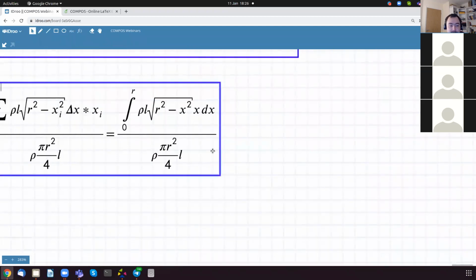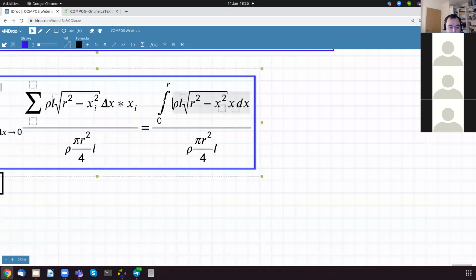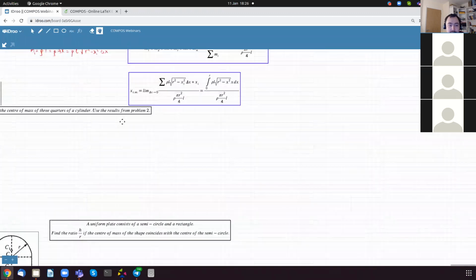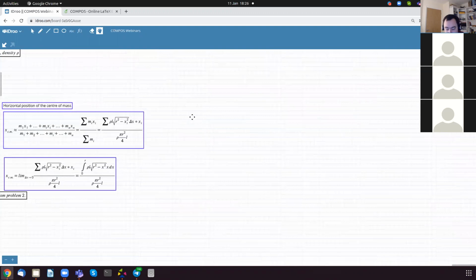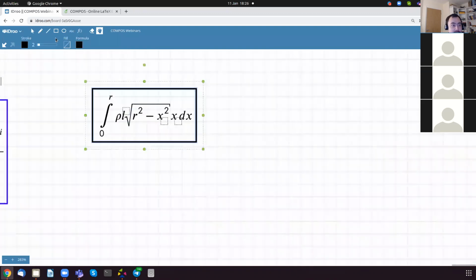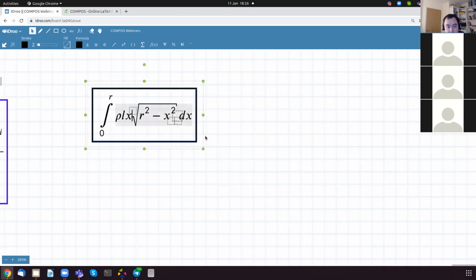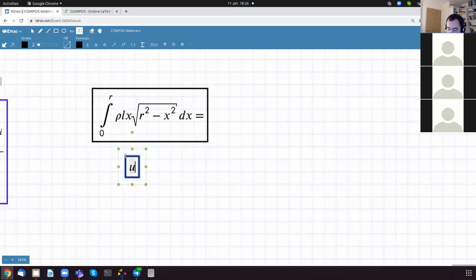Okay. Now, let's look at the integral separately and then substitute it in. Here. So what do we see? Well, first of all, I'm going to take the x and put it here at the start. And then I'm going to use a substitution: u is equal to r squared minus x squared.